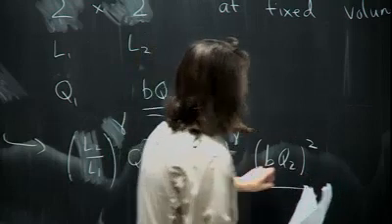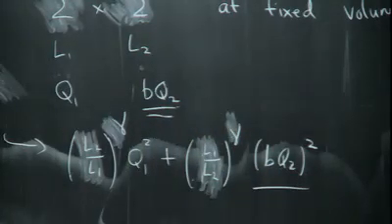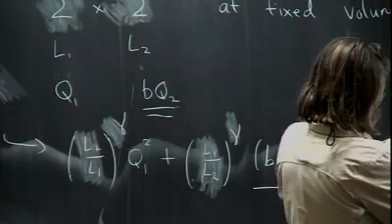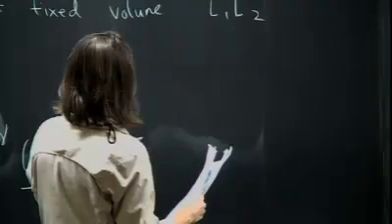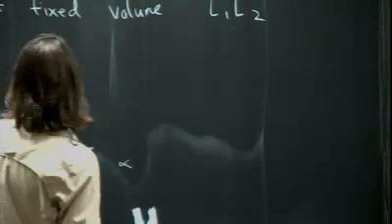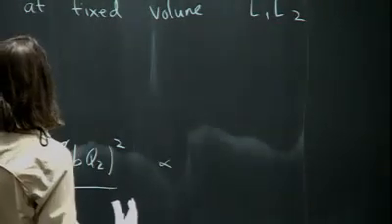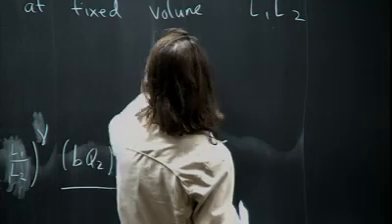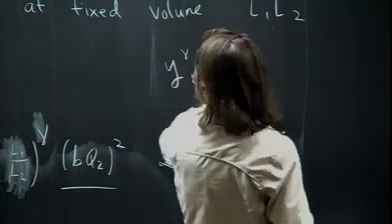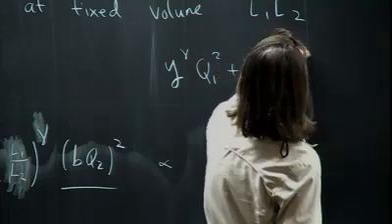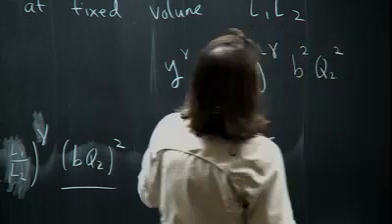And furthermore, in general, in string theory, it depends not just on the fluxes themselves, but on the axions. In this situation, you can solve for B here. So let's just call y the ratio, so this is of the form y to the gamma q1 squared plus y to the minus gamma b squared q2 squared.